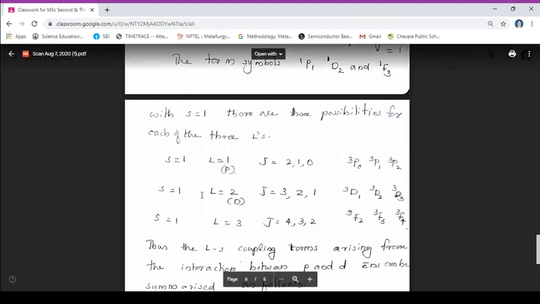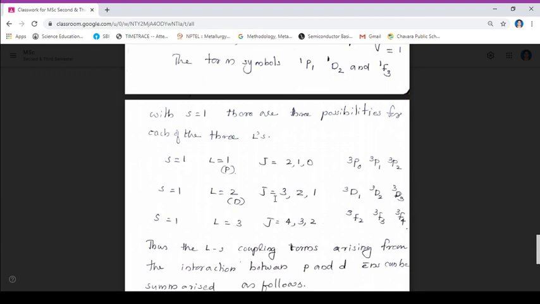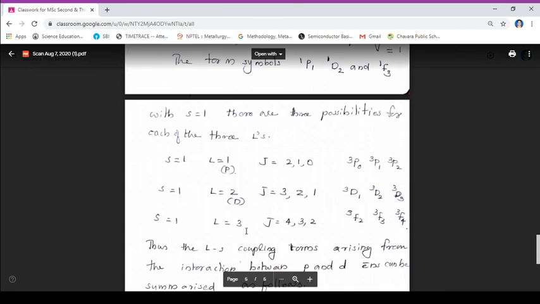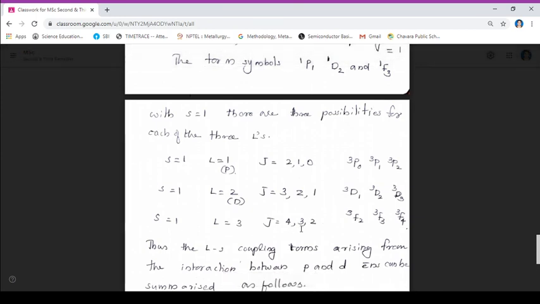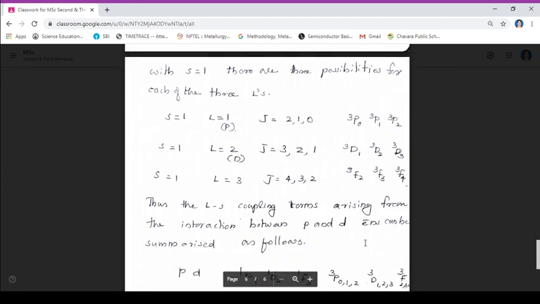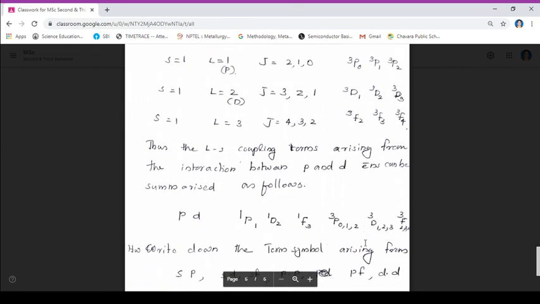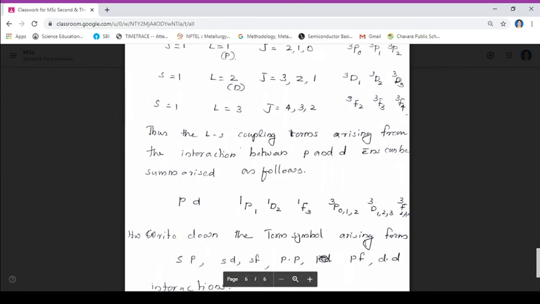Now S is equal to 1, L equal to 2, the J values will be 3, 2, 1. So 3D1, 3D2, 3D3. S is equal to 1, L equal to 3, J values will be 4, 3, 2: 3F2, 3F3, 3F4. Thus the LS coupling terms arising from the interaction between a P and D electron can be summarized as follows.